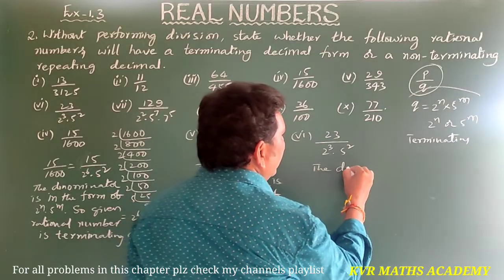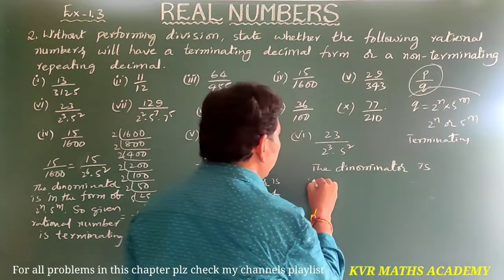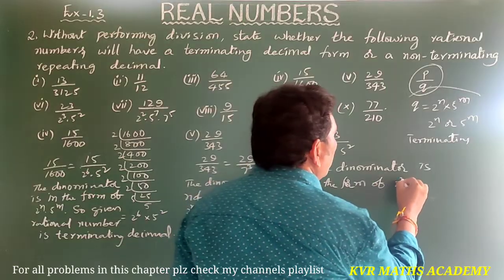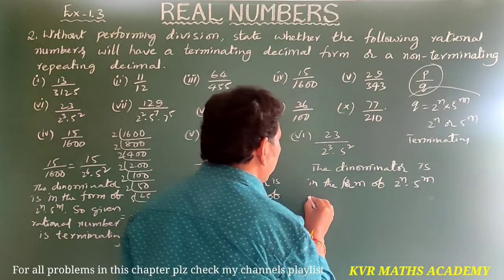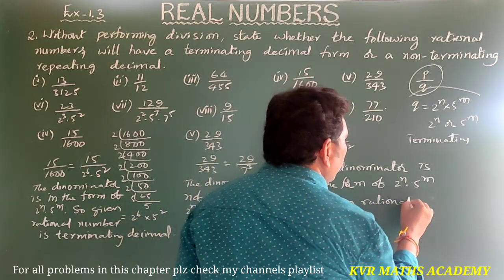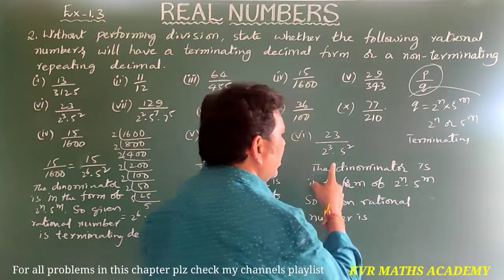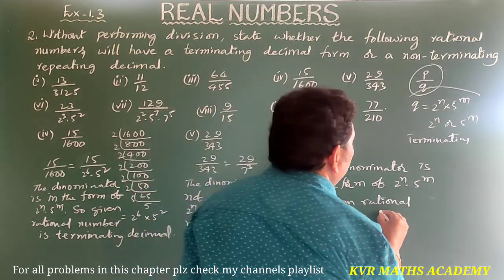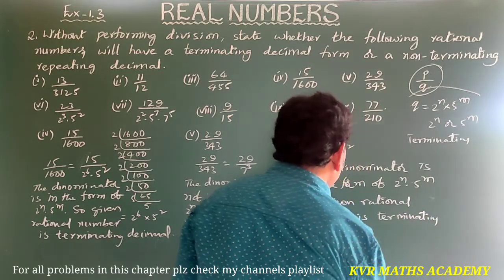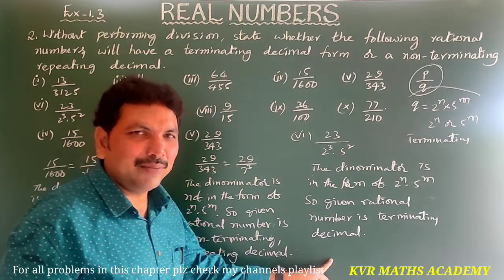The denominator is in the form of 2 power n into 5 power m. So given rational number is terminating decimal. Is it clear? Yes, note it down.